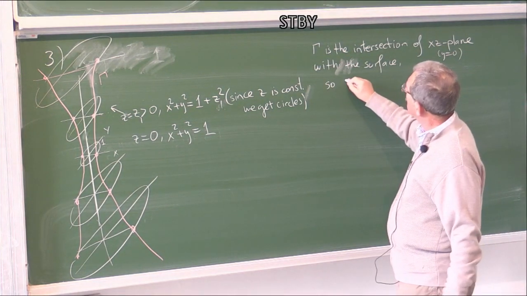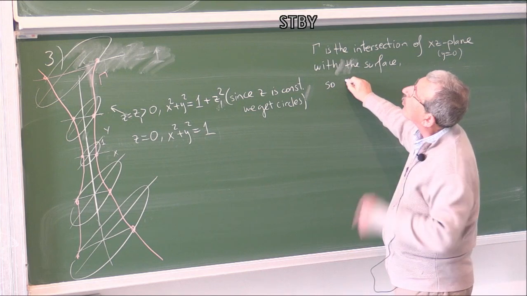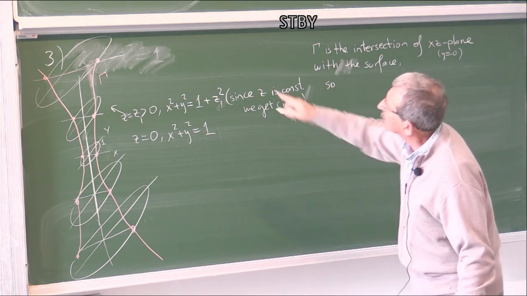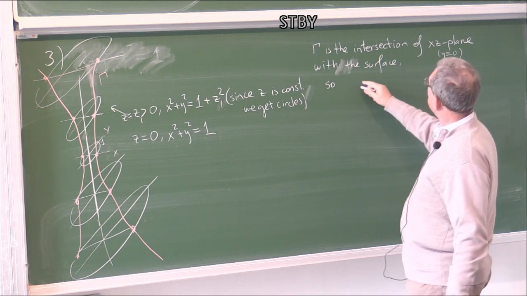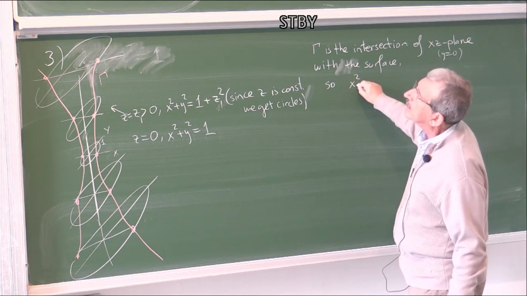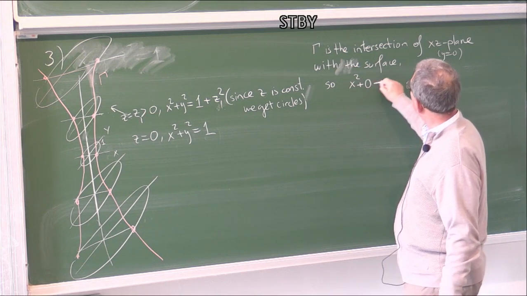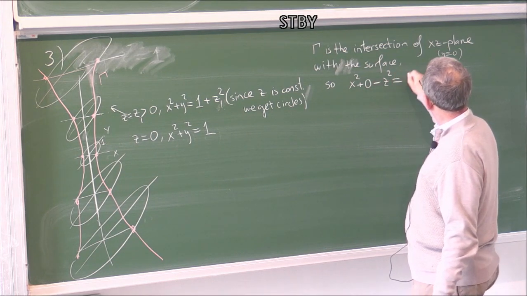So we get from the original equation x squared plus y squared, which is 0, minus z squared is 1.